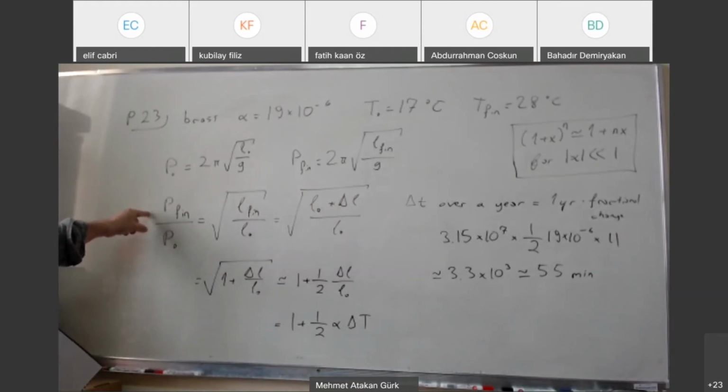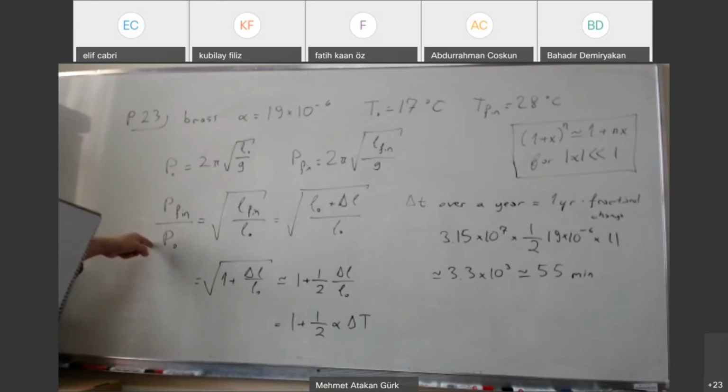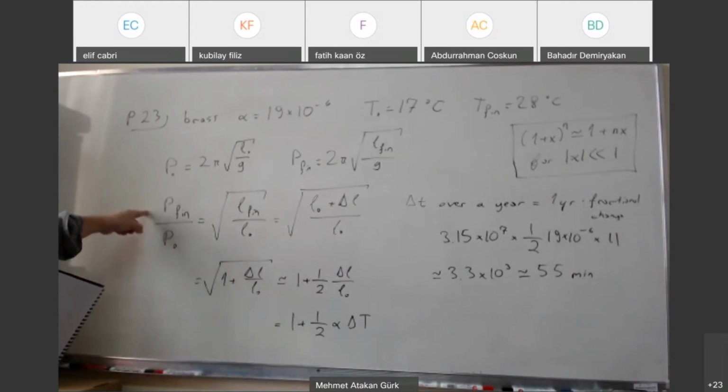Let's say if we were at 17 degrees Celsius and the clock started at noon, 1 hour later the clock would show 1 p.m. But because the period is now a little bit larger, it is going to show slightly less than 1 p.m. Over 1 year, these small differences will add up to about an hour.